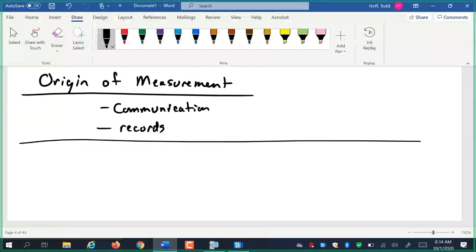Let's say I wanted to describe to you the size of this piece of paper. Well, I might take my pen and say, okay, it is this, 1, 2, it's just under, the piece of paper is just over 2 pen lengths in size. So I send that message to you, hey, it's 2 pen lengths.